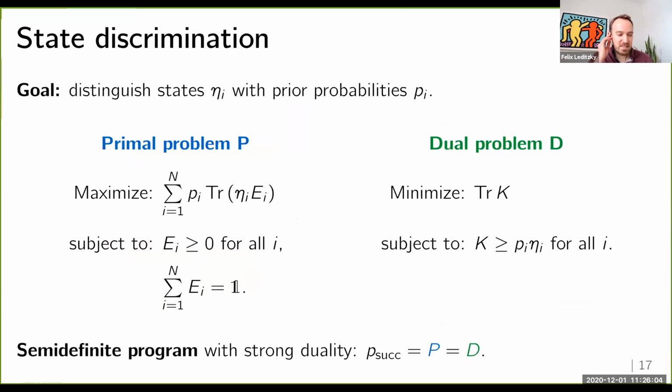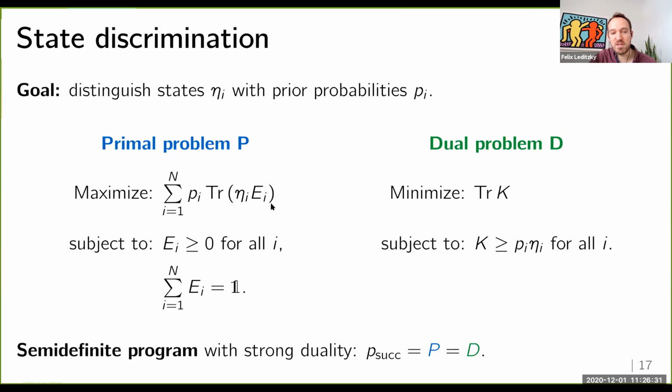And this correspondence between port-based teleportation and state discrimination is very useful because state discrimination is a very nice problem, mathematically speaking. So when you have a generic state discrimination problem where you have some states rho i, which can now be arbitrary, with certain prior probabilities p i, then your goal is to maximize the so-called success probability, which is given by this functional here.